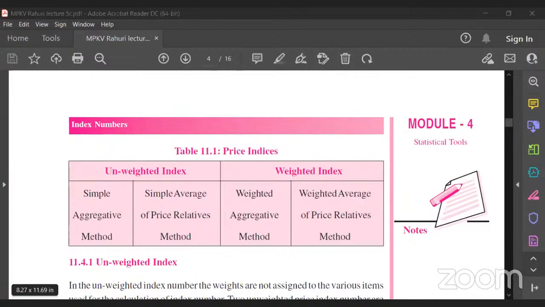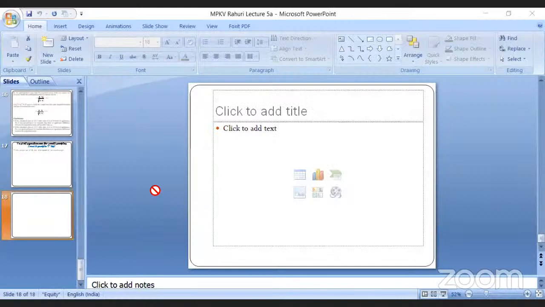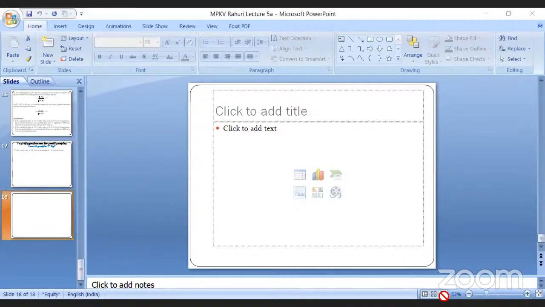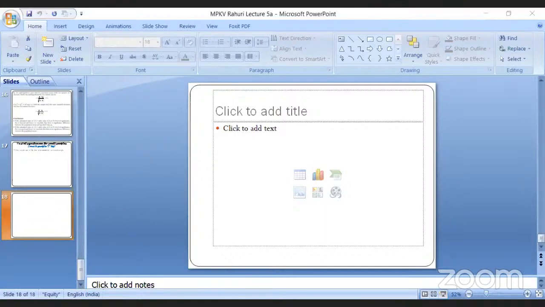I will stop this, and in a new share screen I will take out one slide. Now are you able to see the slideshow?